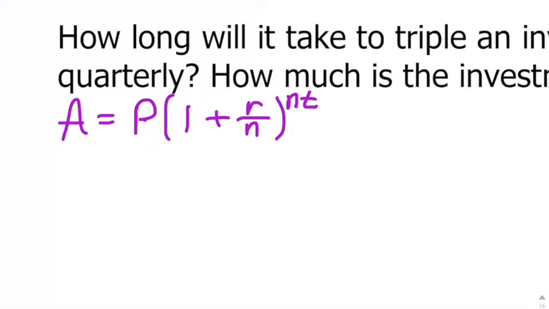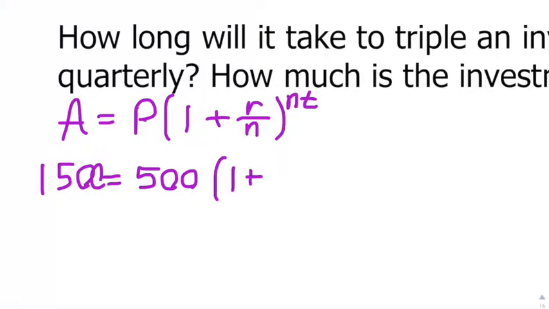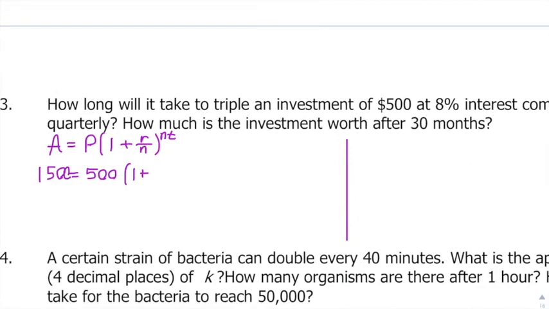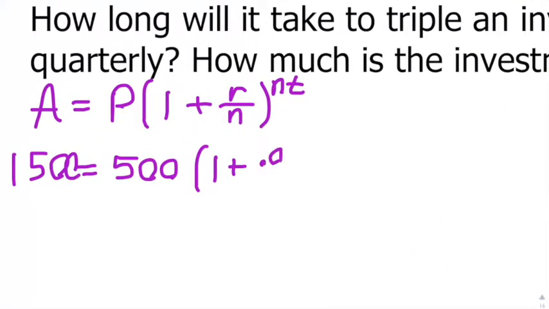Okay. So it said we started with $500 and we're trying to figure out when that's going to triple. So we'll put 1,500 out here. And then you got 1 plus your rate. Your rate, what was that? 8%, so 0.08. And then compounded quarterly, so we'll put 4 right there.